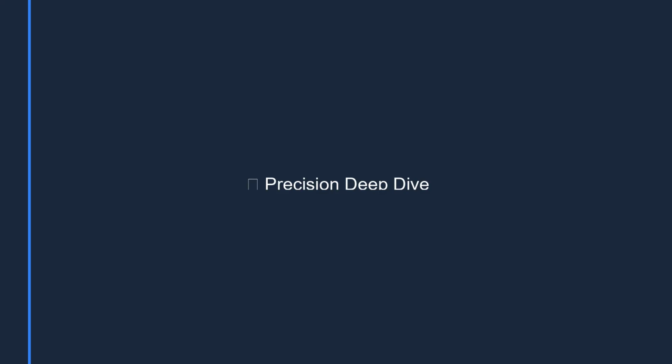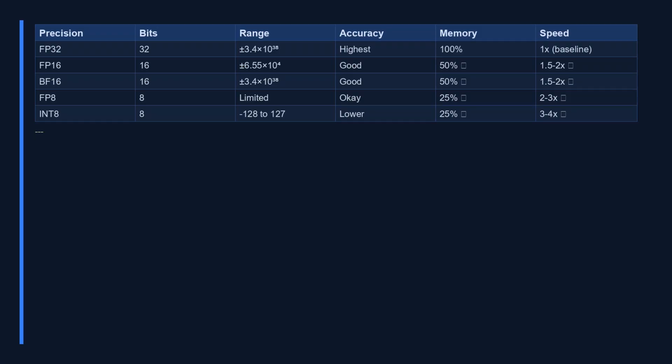Precision deep dive. Before writing a single line of optimization code, you need to understand what you're actually trading when you change numeric precision. Think of it like audio quality. FP32 is lossless, uncompressed, maximum fidelity, maximum storage.